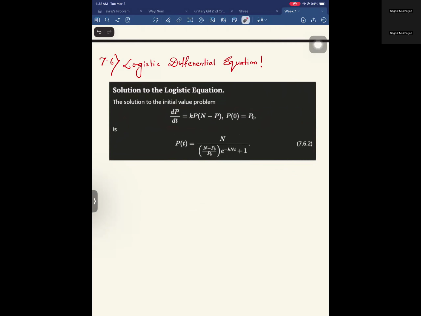And all the time, the solution of this logistic differential equation will look like this. So how do you solve this? Essentially, you solve this using separation of variables and then something called the partial fraction decomposition.